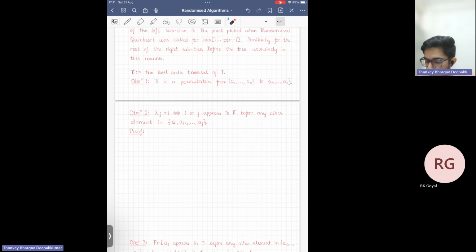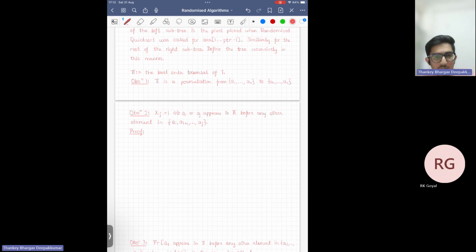And yesterday we argued that this statement means that the first element to be picked as pivot from this set is either Ai or Aj, because pi is a permutation of A1 to An.